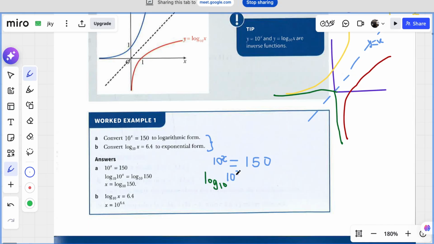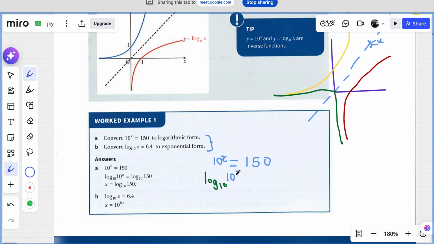And this one, we can make x the subject, or we can stop, which means we've introduced a logarithm function already.